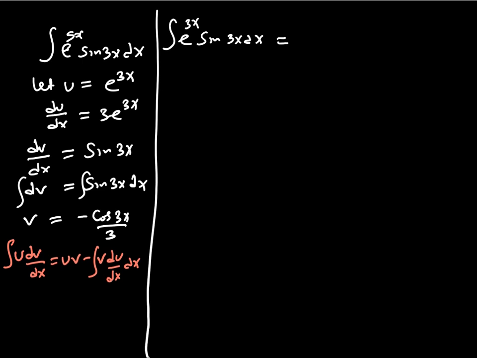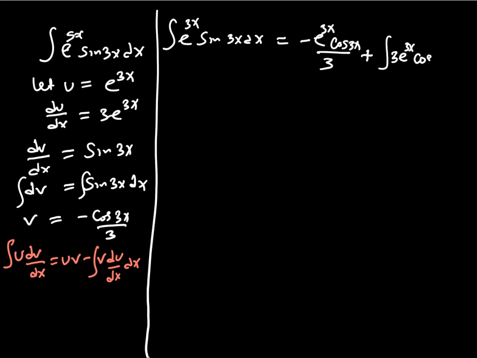So we want to integrate this. We're going to have uv. This is minus e to power 3x cos of 3x out of 3, then minus the integral of v times du by dx, which is 3 e to power 3x. Then this is going to be a plus because my v is negative, and therefore it changes this part and makes it positive, just to simplify life.